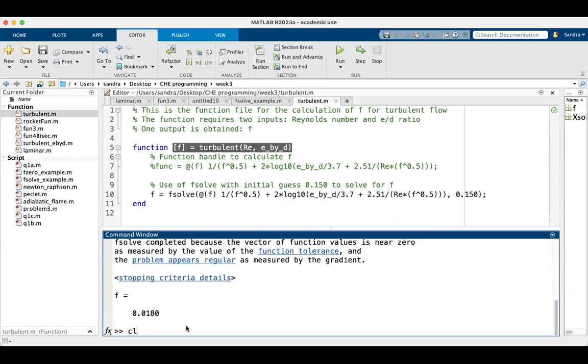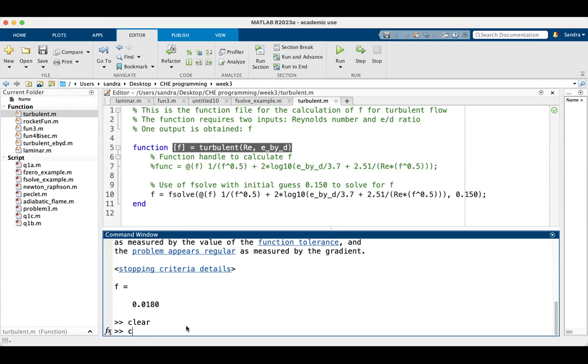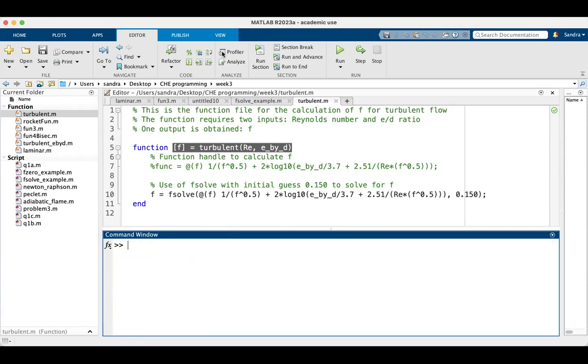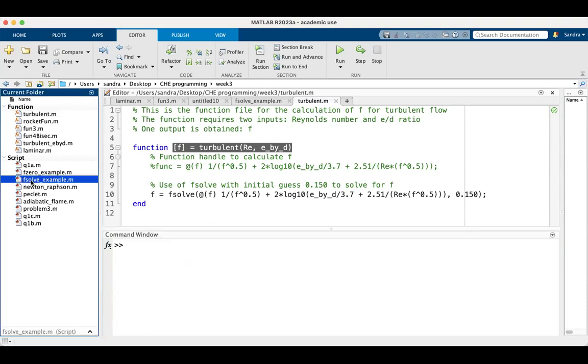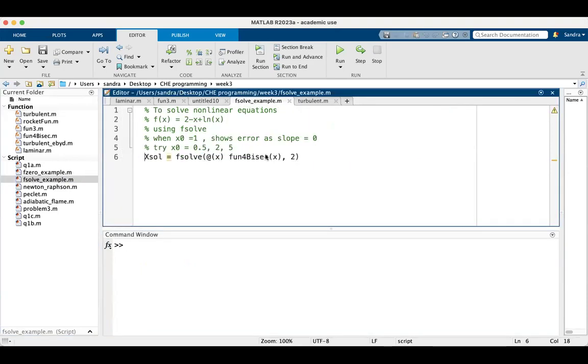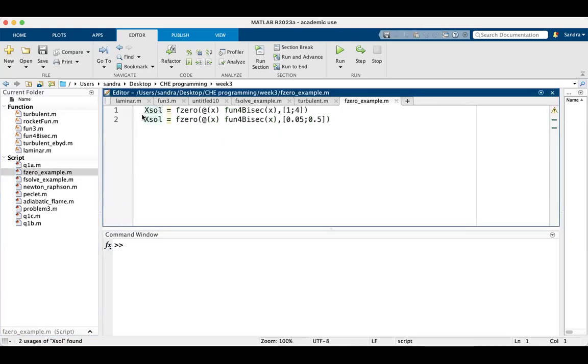Let me clear this first. Clear, clc. I hope I'm sharing MATLAB. Yeah. Okay, so first we had an example for fsolve, right? I'm just copying it down here. Sorry, fzero. We had this function here.